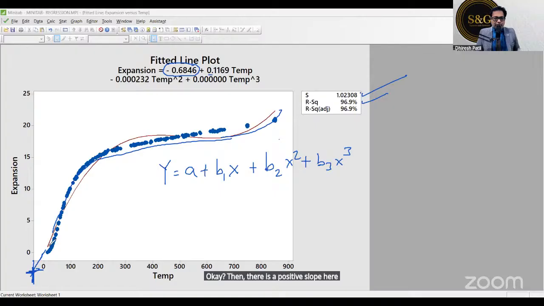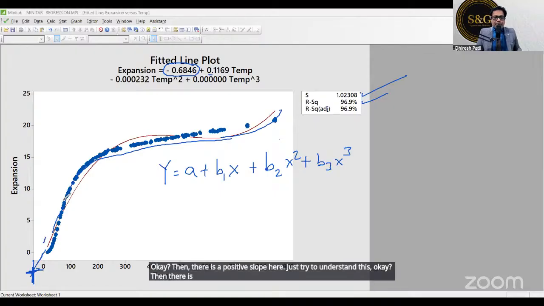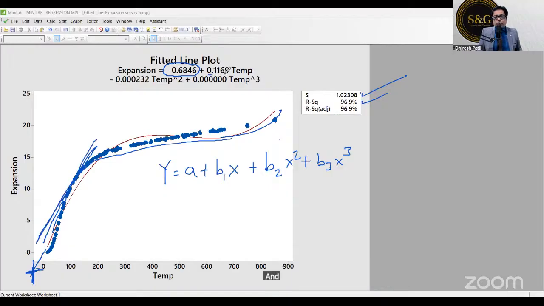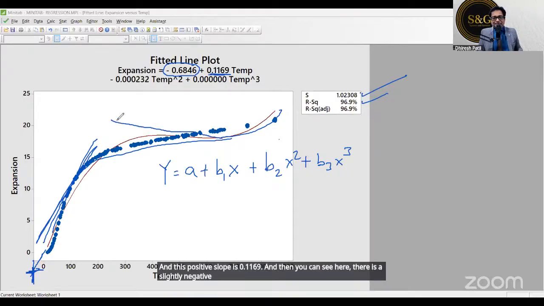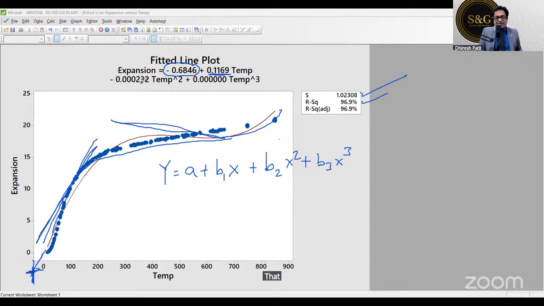Just try to understand this. This positive slope is 0.1169. And then you can see there is a slightly negative slope here, minus 0.000234.